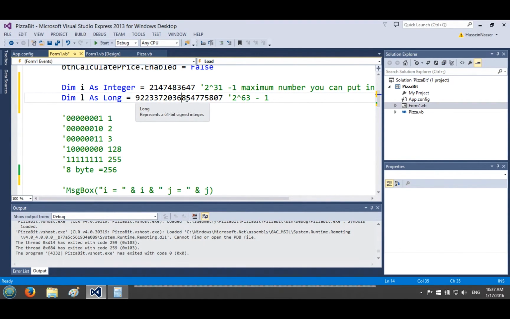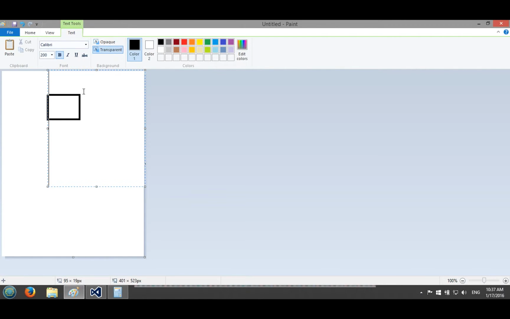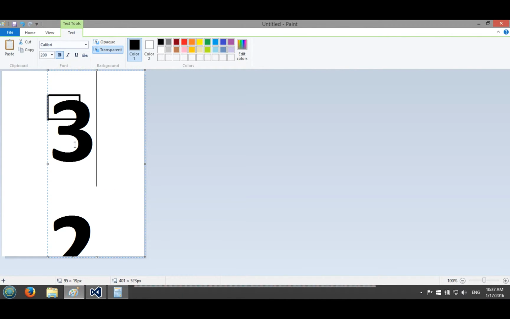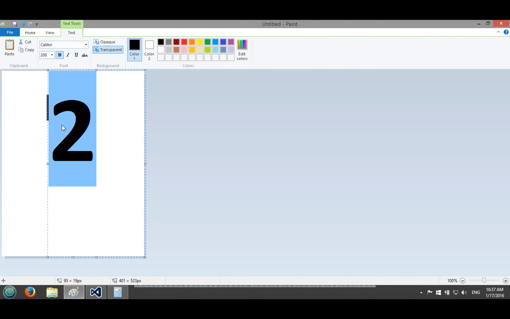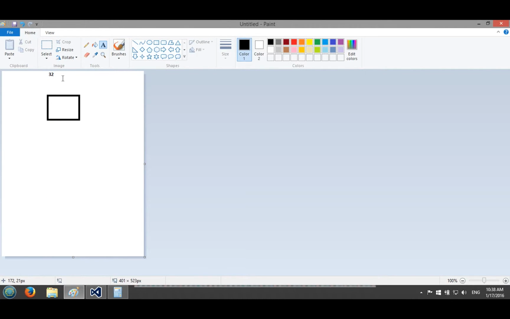I wanted to explain these two differences. Remember the drawing we did? When you declare a variable, it holds a fixed amount of memory. When you declare an integer, you have a 32-bit, whereas when you declare long, you have 64 bits.